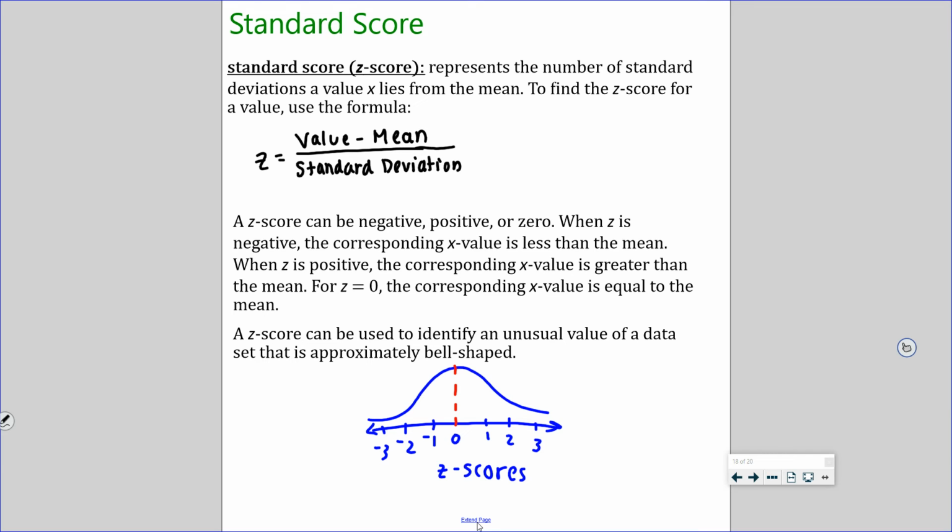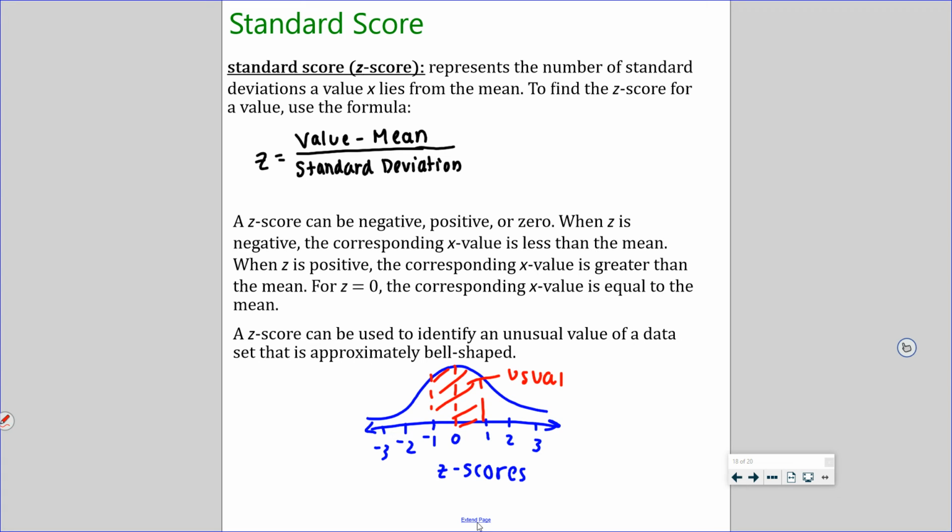Anytime we get numbers such as 3 or -3, we know that's pretty unusual, in a bell-shaped curve, I should say. In a bell-shaped curve, whatever percent of our data lies within here, if our z-score is somewhere between -1 and 1, that's pretty usual, it's nothing weird.